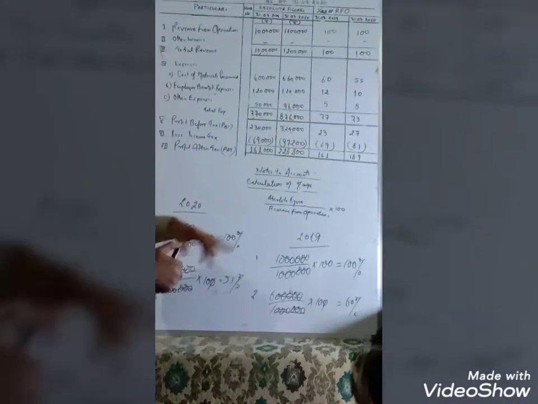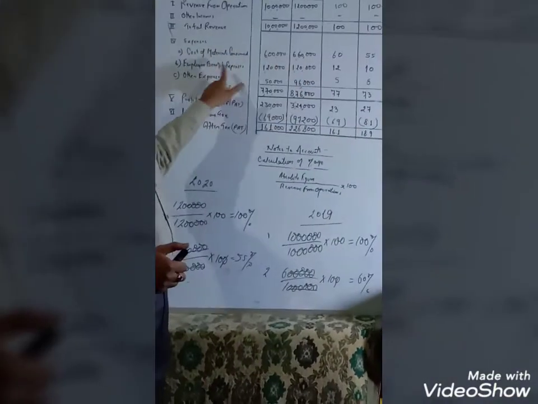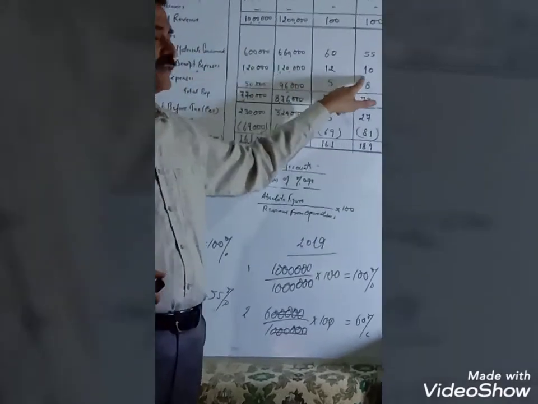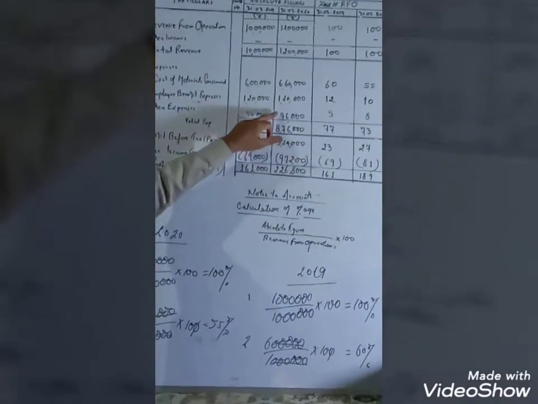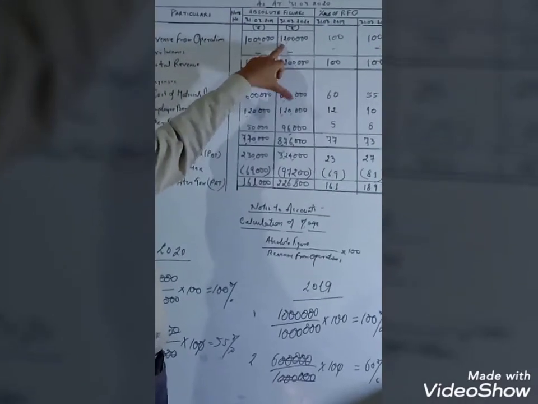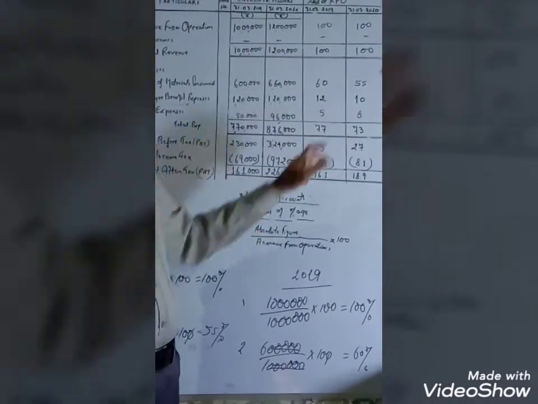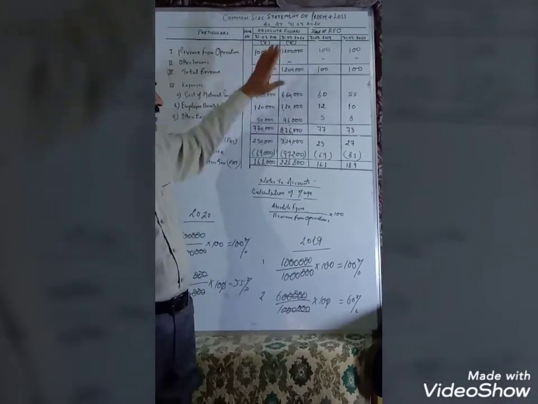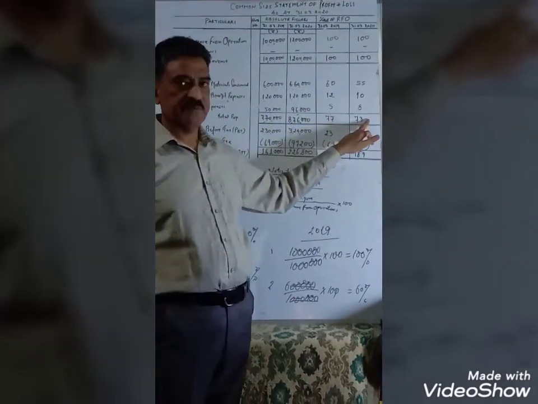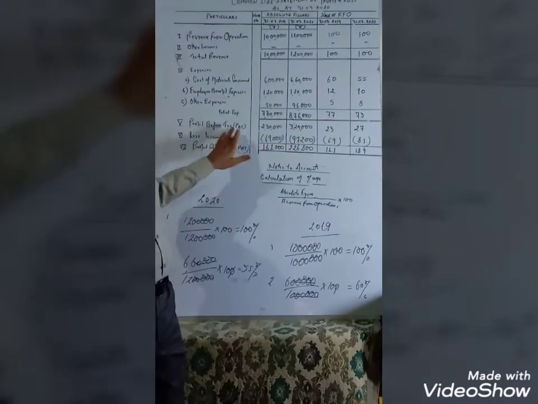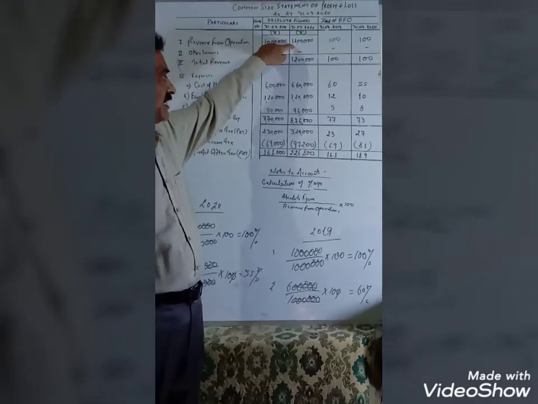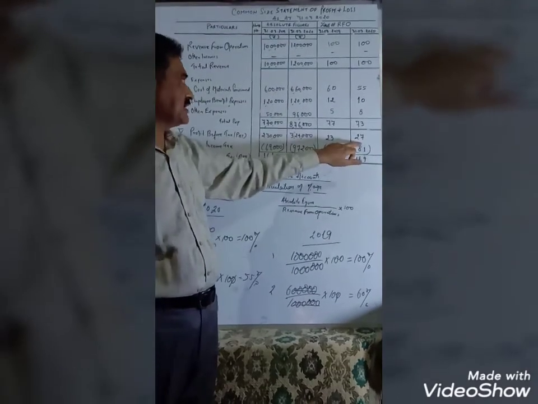Now similarly, 1,20,000, this is employee benefit expenses, divided by 12 lakh multiplied by 100, we will get 10%. 96,000 divided by 12 lakh multiplied by 100, we will get 8%. And total expenses 8,76,000 divided by 12 lakh multiplied by 100, we will get 73%. Similarly, profit before tax 3,24,000 divided by 12 lakh into 100, we will get 27%.